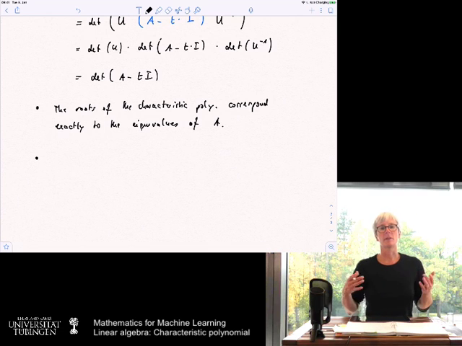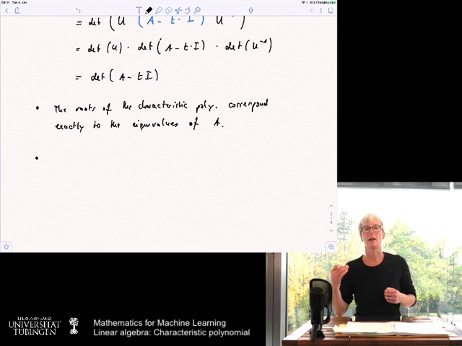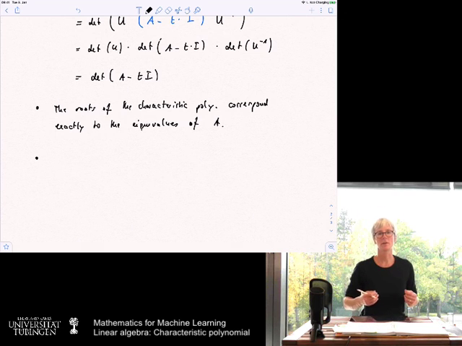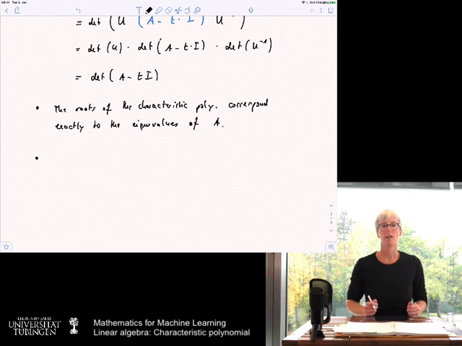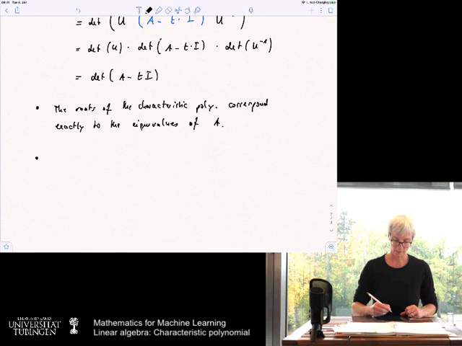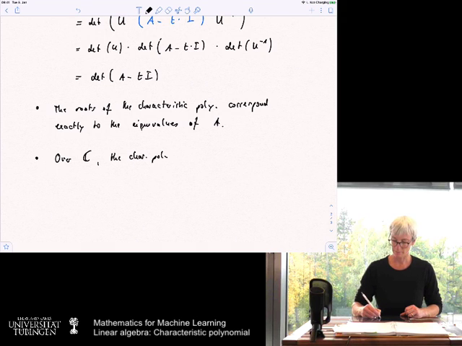Now it depends on which field we're currently looking at, and I said already, for eigenvalues it's really important whether we look at the complex numbers or the real numbers, and this is exactly the point where we can see that. If we are on the complex numbers and we have a polynomial of degree n, it always has n roots and can be written as a product of n linear terms. So over C, the characteristic polynomial always has n roots.